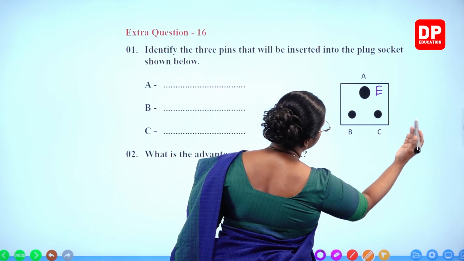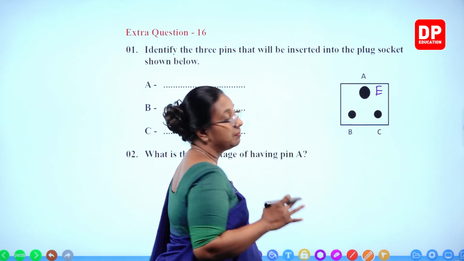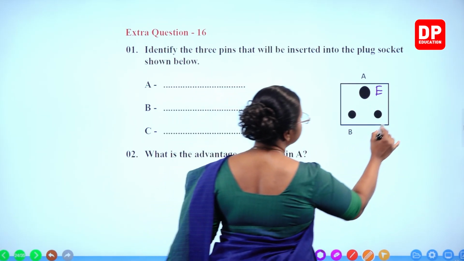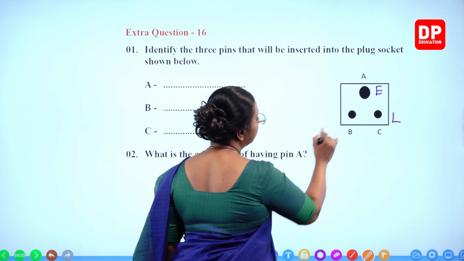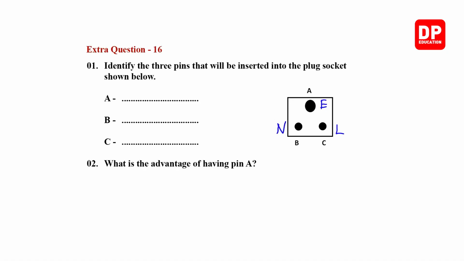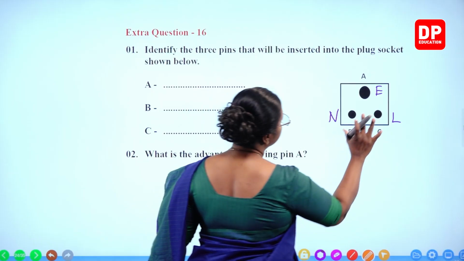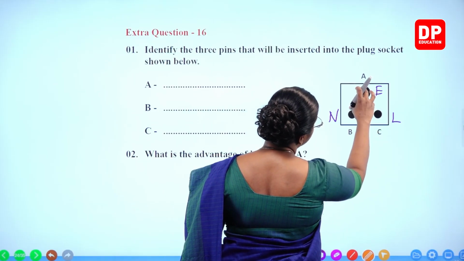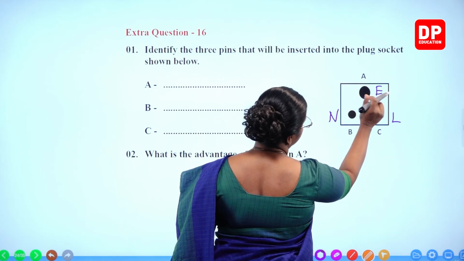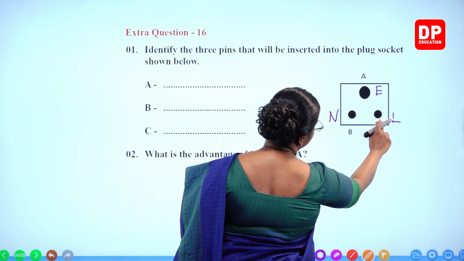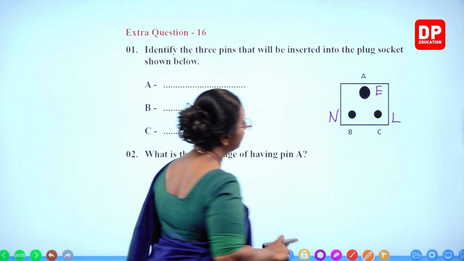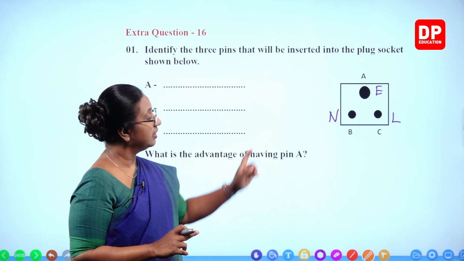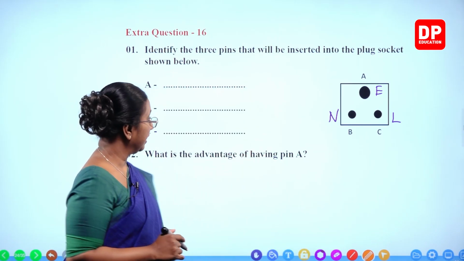Then on your right side, when you look at the plug socket, it will be the live wire and on the left side it is going to be the neutral wire. So when you look at it this way, you will be plugging in the plug top like this. So the earth pin will go into this, live pin will go into this and the neutral pin will go into the pin B.